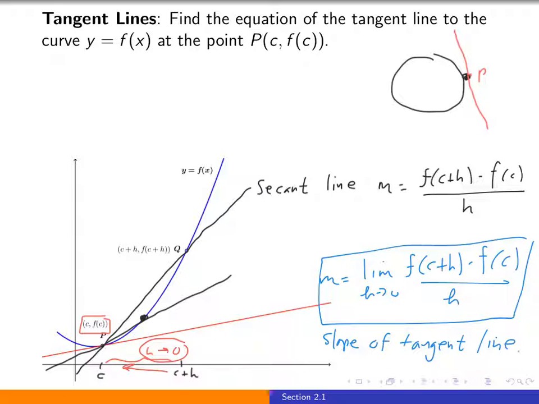So once again, from a big picture perspective, the idea is that we've calculated the slope of the secant line through the points P and Q, and then we know that as the point Q slides along the curve and becomes close to P, that is, we let h approach 0, the slope of the secant line approaches the slope of the tangent line, which allows us to define it as this limit.